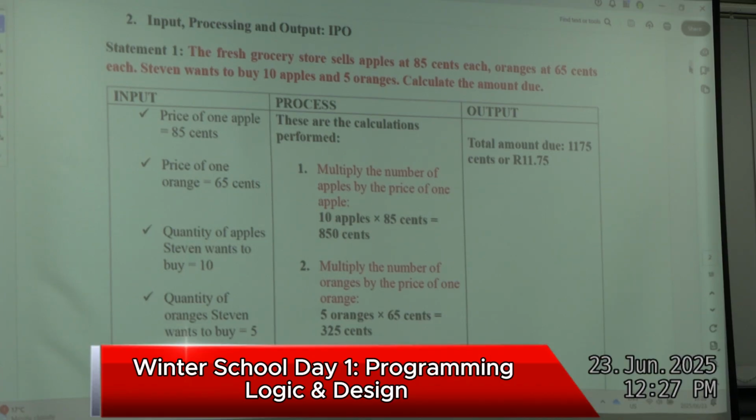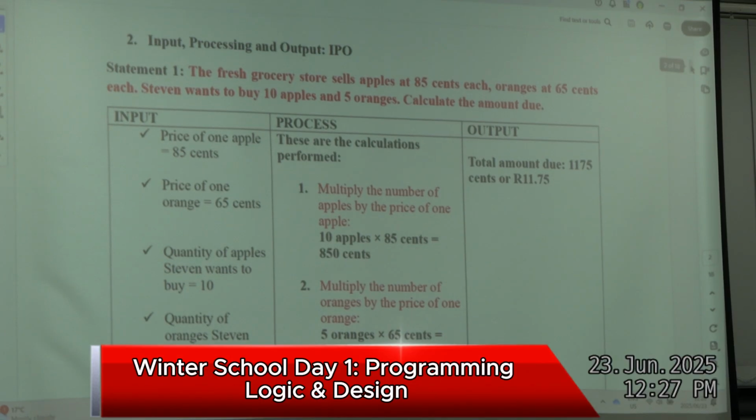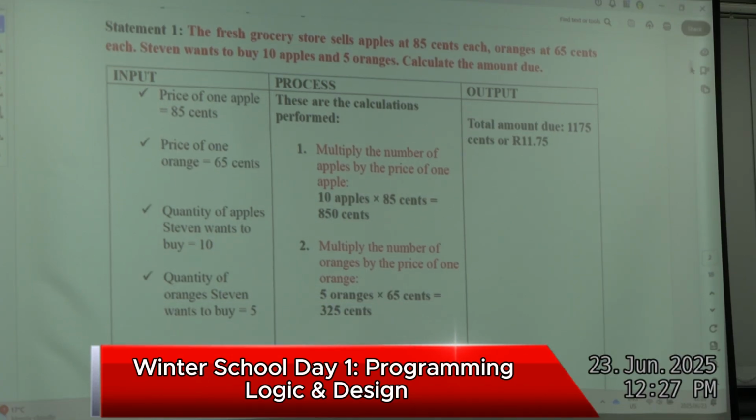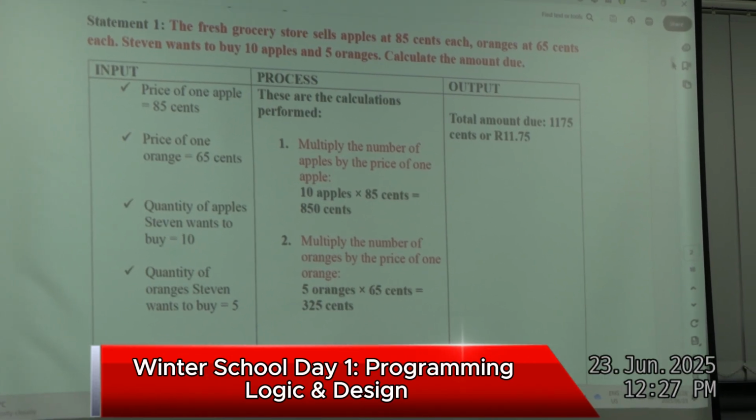For the process, we've already identified all the keywords. The first process says calculate the amount due. So, multiply the number of apples by the price of one apple. We know that Stephen wants 10 apples. How much does one apple cost?